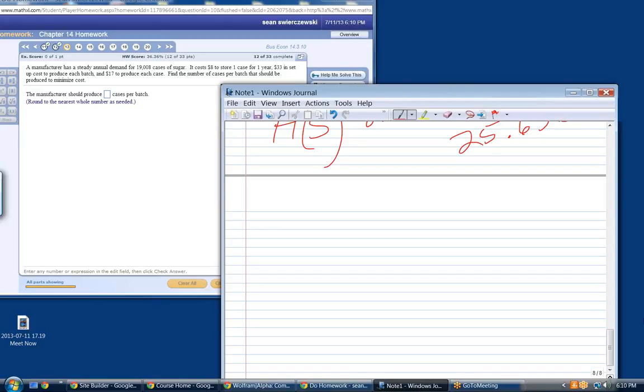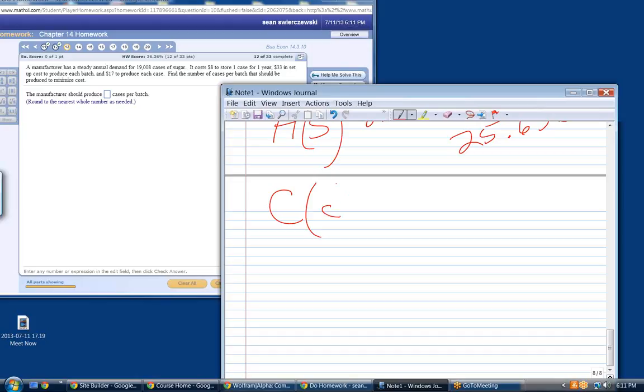Okay, let's see if we can figure out a cost function, based on the number of cases.